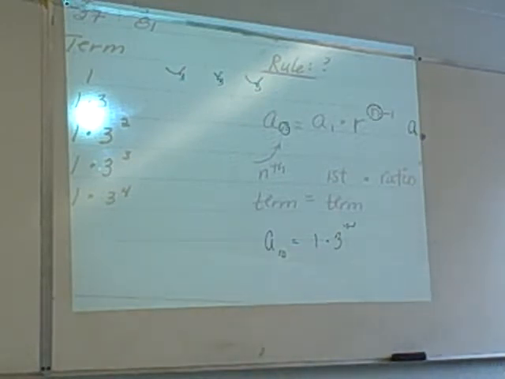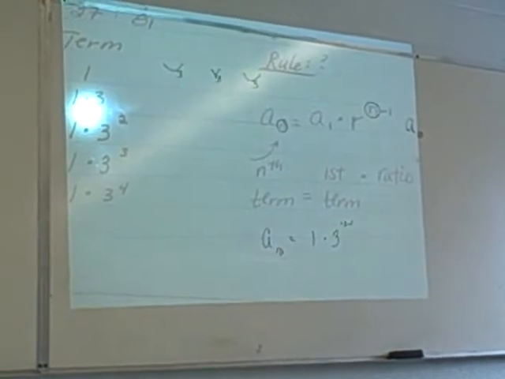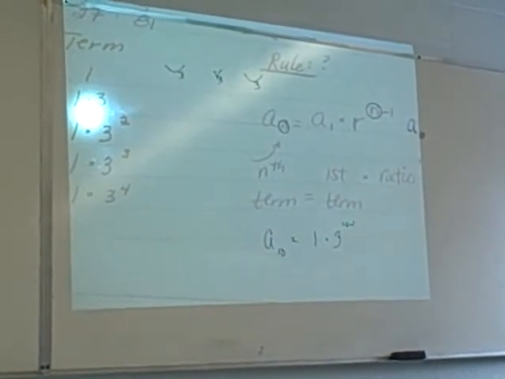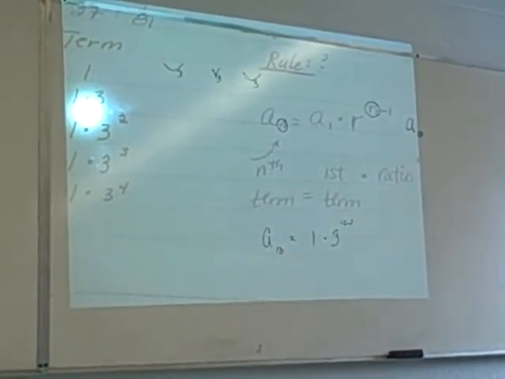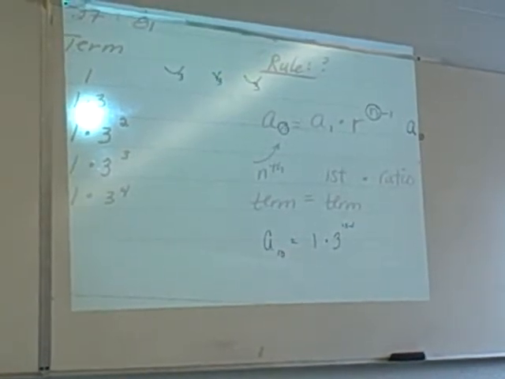Now, on your graphing calculators, I don't remember, did we talk about how to use exponents to higher powers? No. Okay, so take out your calculator, let me just show you that. Very simple.